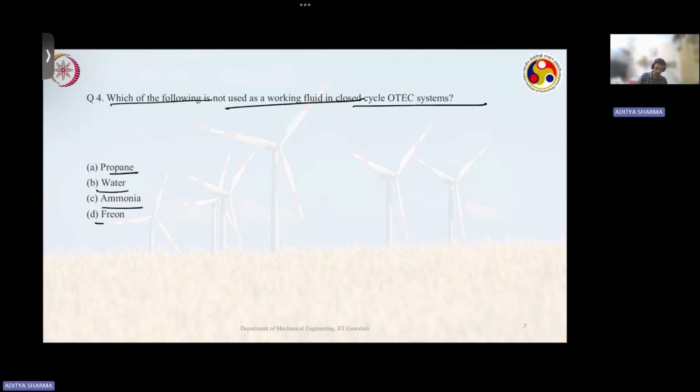Propane, water, ammonia, freon. Freon is used, ammonia is used, propane is used. Water is not used. So that is the correct option.